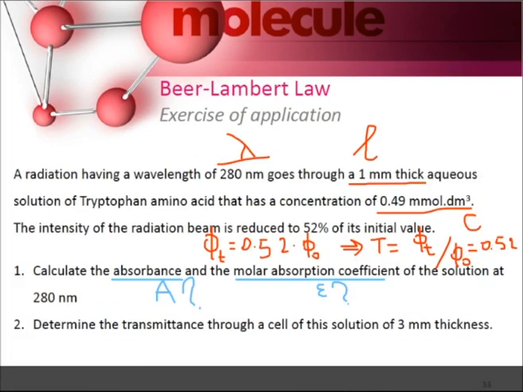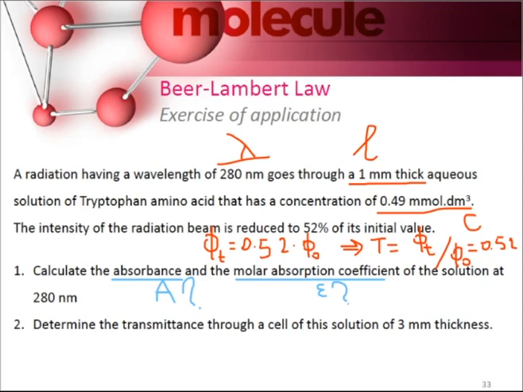Now the question is, determine the transmittance. So here he wants us to determine T in the second question. Now T equals how much? If the cell or the container is now 3 millimeters thick. So now we have a new L. Let's call it L star. But we know epsilon. We have a new L. We have the concentration also.